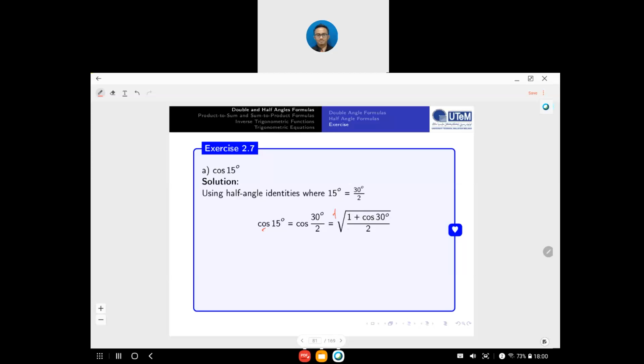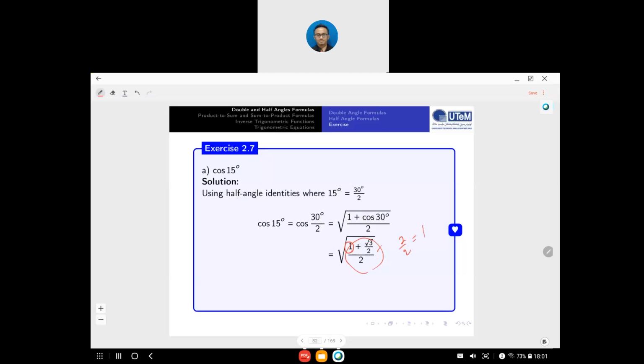So we know that cos 30 also equal to root 3 over 2. So make sure you simplify this function first. Mesti kena simplify. Jangan tinggal macam ni. Okay, dia mesti kena duduk dalam pecahan termudah. Okay, when you simplify this one, 2 ni awak kena darab dengan 2. Okay, so it's become 2 over 2, for 1.